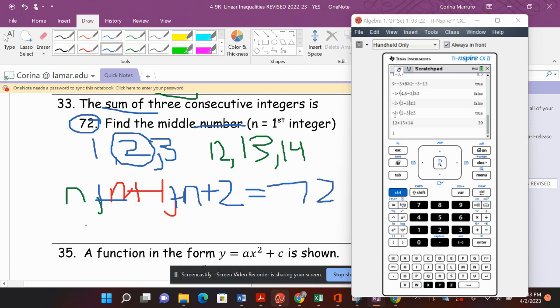So n plus n plus n gives us 3n. 1 plus 2 gives us 3. So 3n plus 3 equals 72. We subtract the 3, and so we get 3n equals 69.